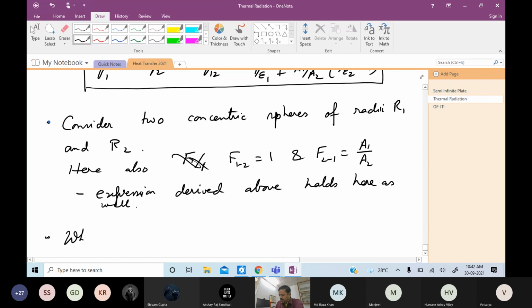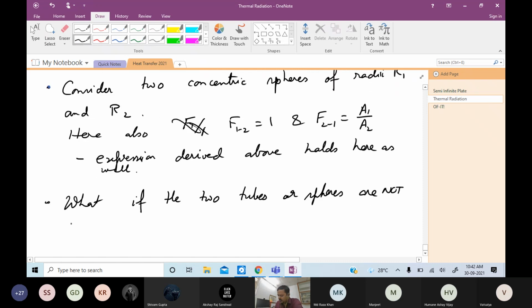Acha, what if the two tubes or spheres are not concentric? Did we ever use the concentricity part? We did not. Whatever we used for the derivation was the fact that they have the same central axis, or the same center in case of a sphere.